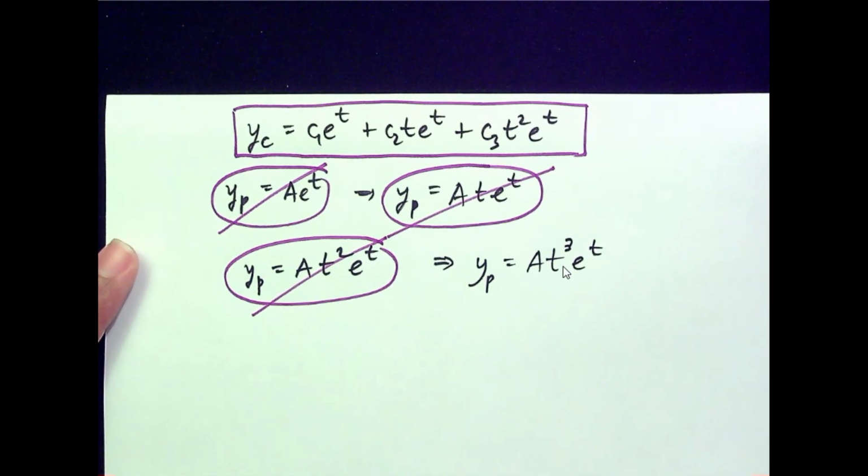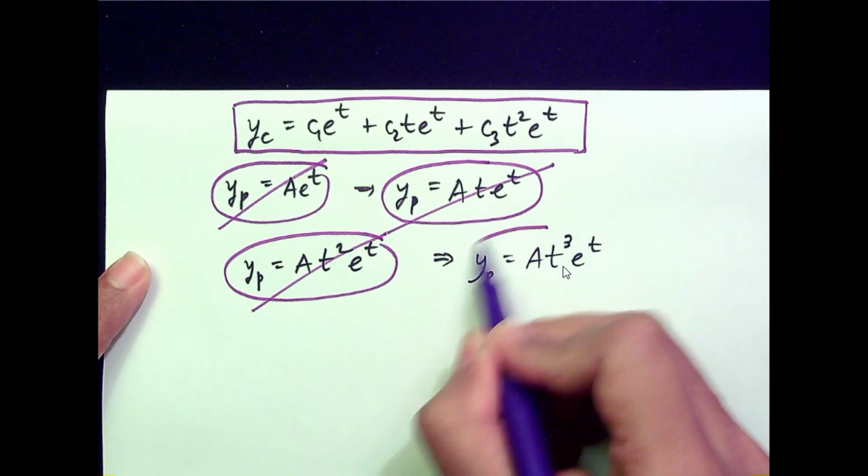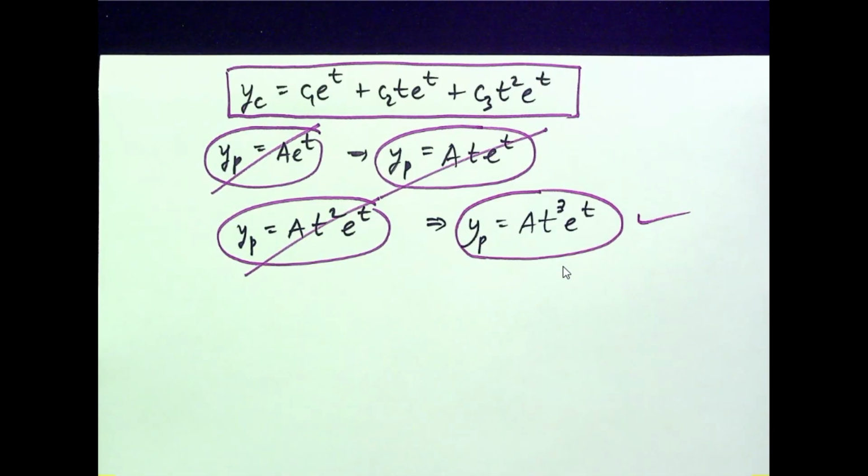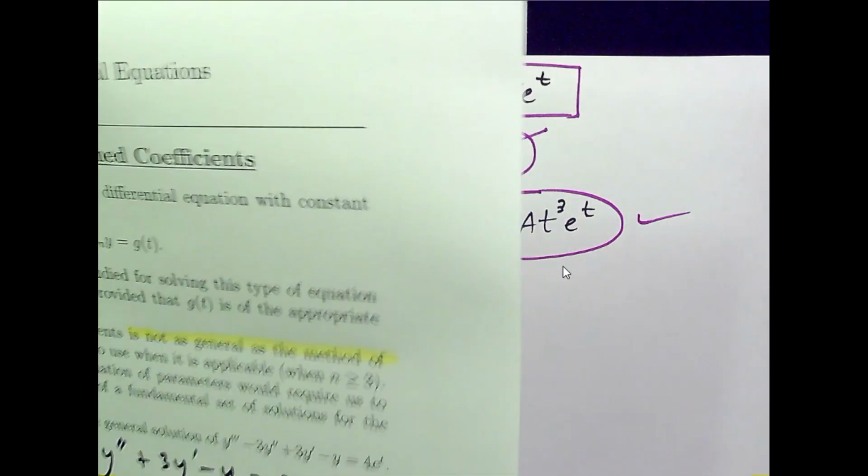So we're expecting a solution to be of this form. Now there's no overlap there. Okay, so expecting the solution to be like this, we're now going to plug it into the differential equation and figure out what a needs to be.